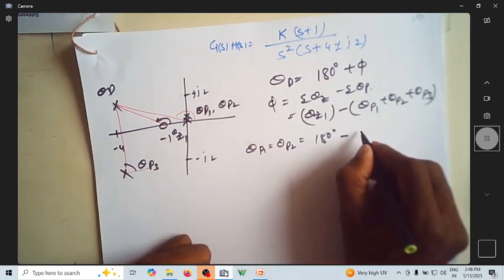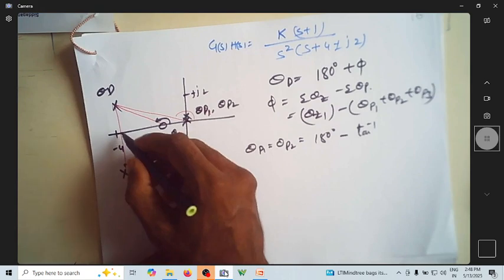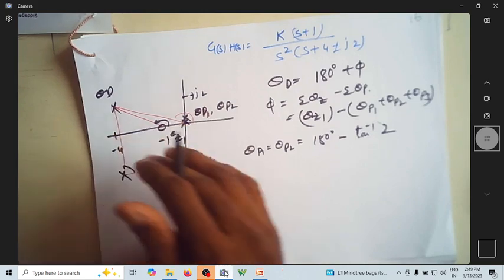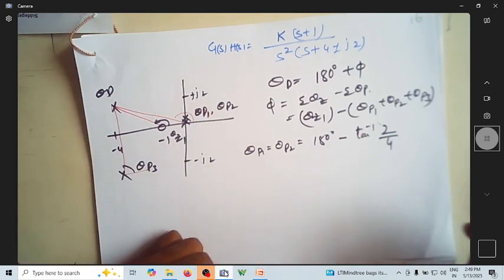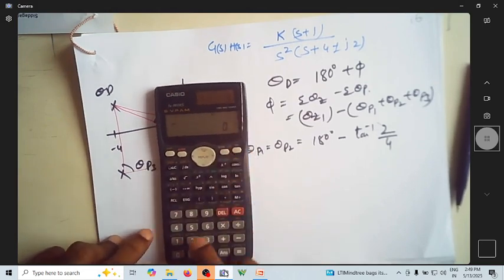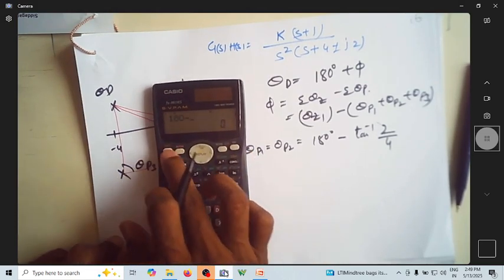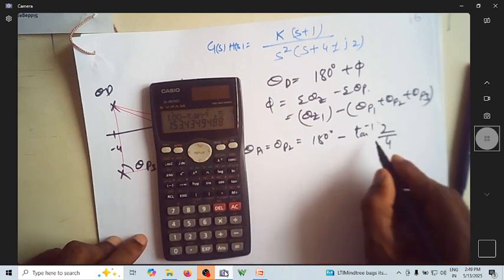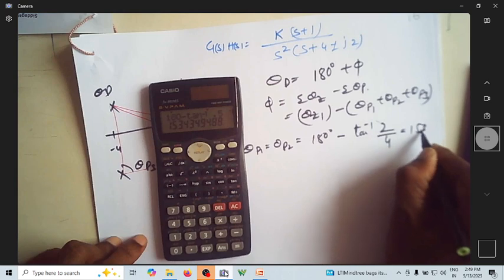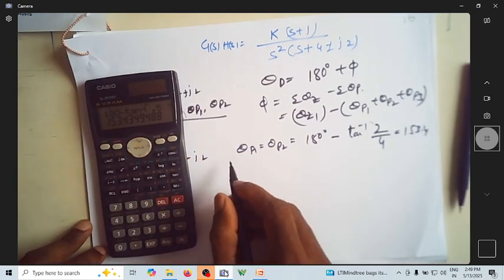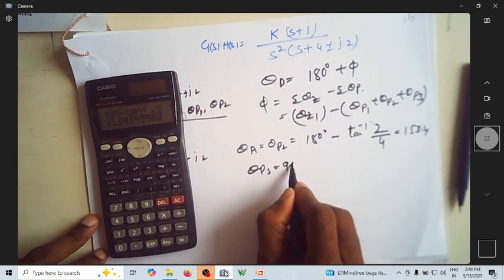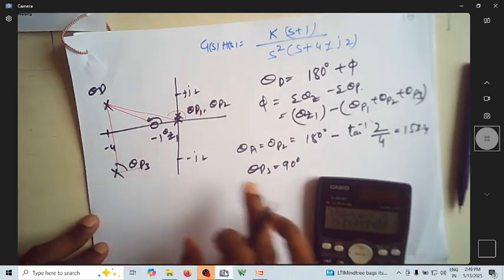How much is this angle? It is tan inverse of opposite side 2 and adjacent side from here to here 4. So it is 180 minus tan inverse of 0.5, which is 153.4 degrees. What is theta P3? We know that it is 90 degrees.